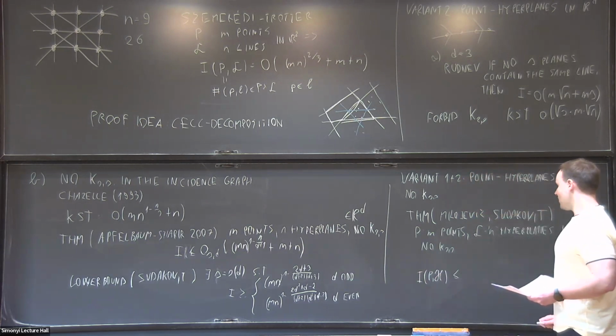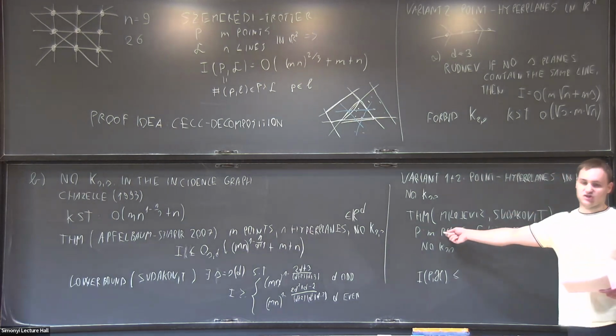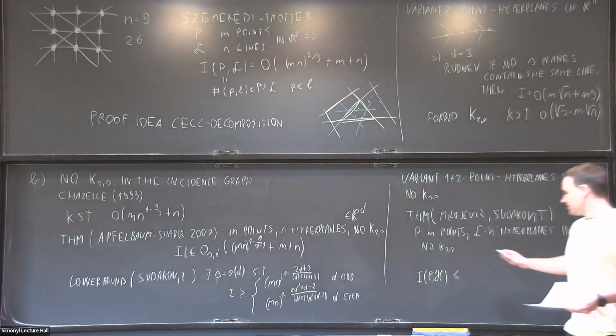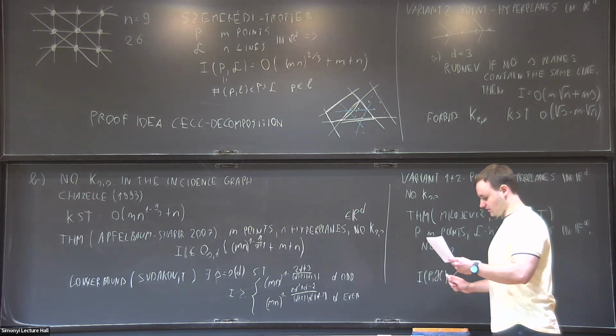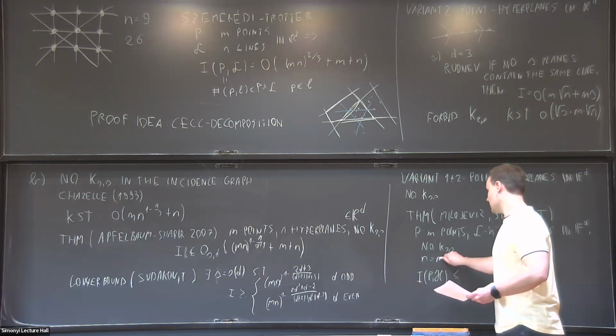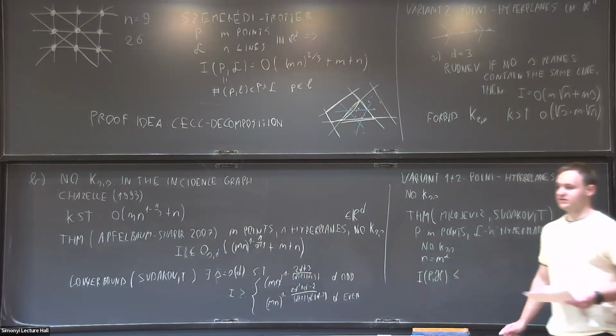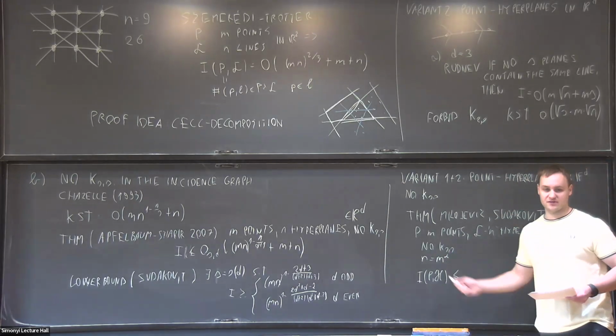So now the bound will depend on the relation of m and n. So let me write that n is equal to m to the alpha.